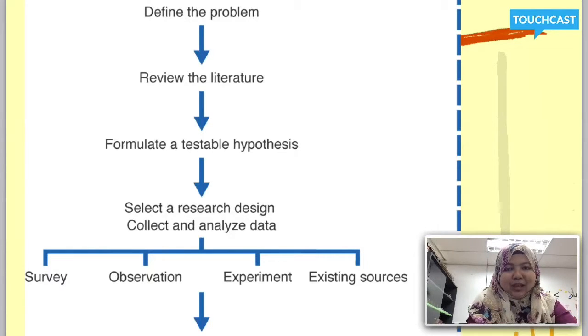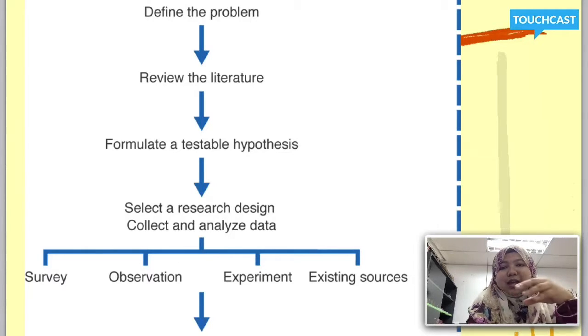After we know about the problem, you need to form your hypothesis. Let's say we take mat rempit as example. Why are teenagers influenced by mat rempit?